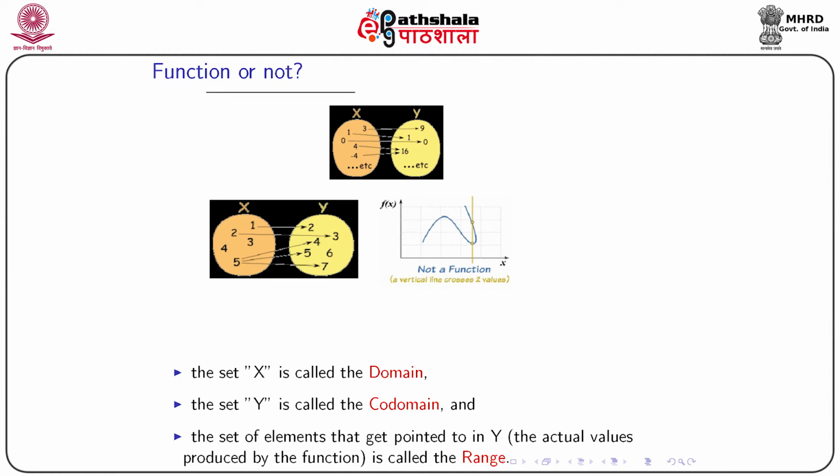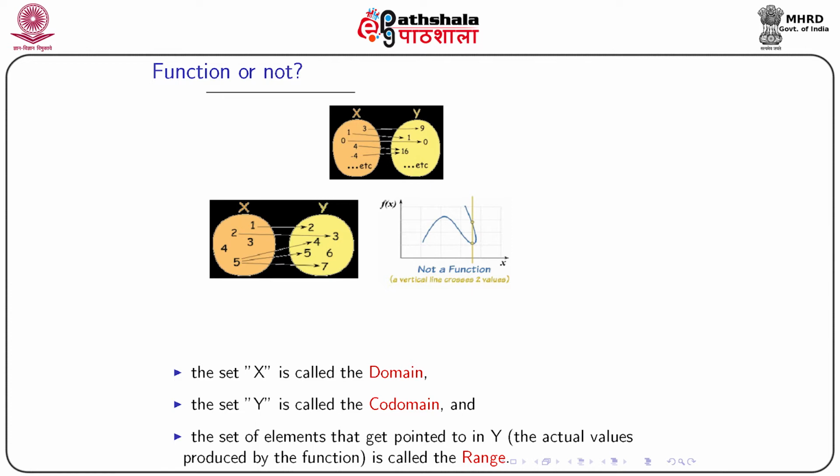So this is a function because every element of X has a relation with an element in Y. Moreover, two of the X elements correspond to the same Y. Now if you look into the next figure, which is in the bottom left, it is not a function because the element 6 in X doesn't have any correspondence to any element of Y. So this is not a function.